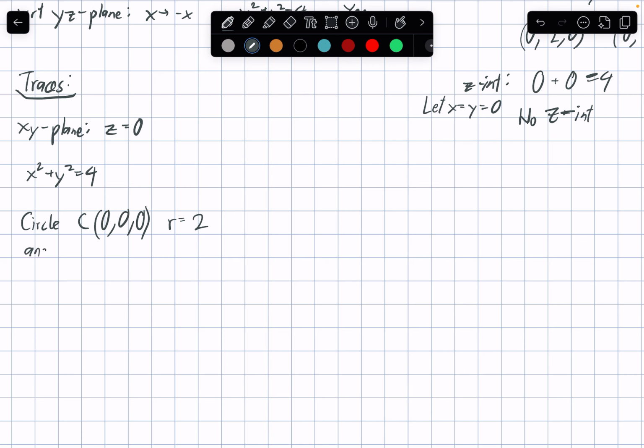And yes, we'll say that the circle is lying on the plane z is equal to 0. I'm just following the pattern that was taught to us. If this were a line, we could say that the line is parallel to the YZ.